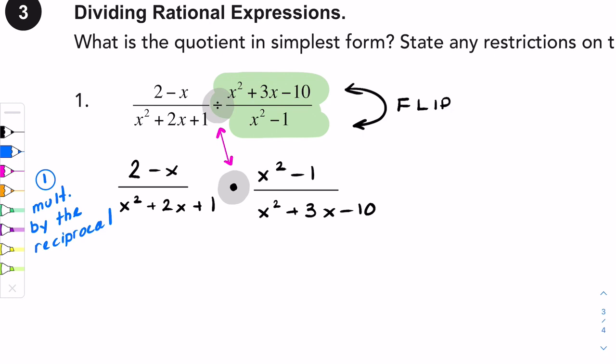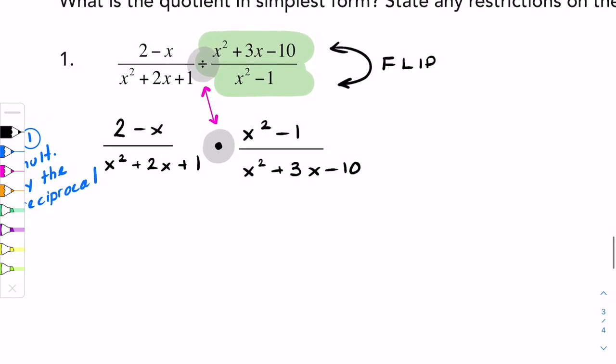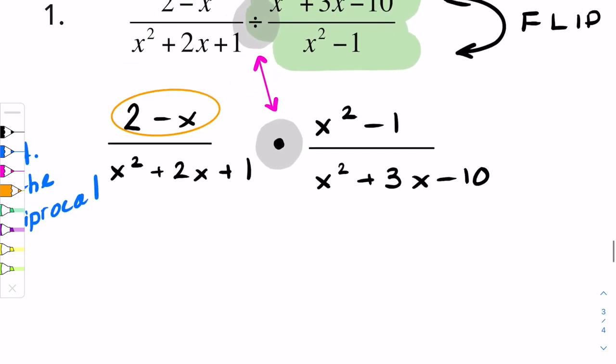After you complete step 1, which is multiplying by the reciprocal, we do the same thing that we have been doing. You factor all numerators and all denominators. There is one thing to notice for this numerator right here. This is not in standard form, which isn't something we're typically used to seeing. So I'm going to rewrite this as negative x plus 2. And then notice that you are never supposed to have a negative as a first term.